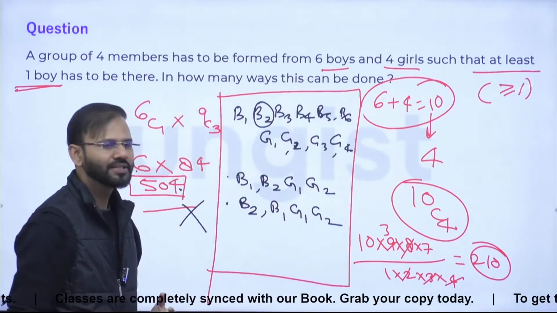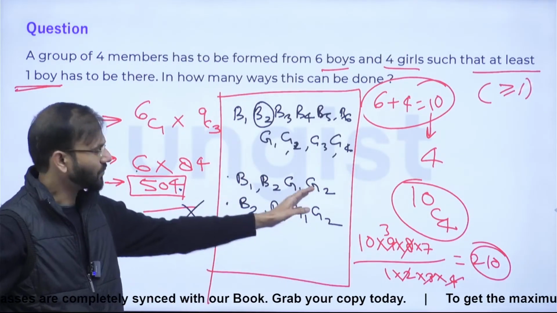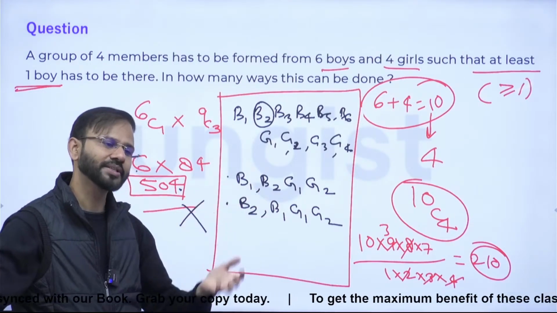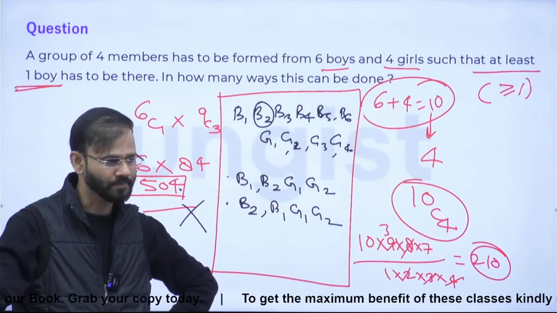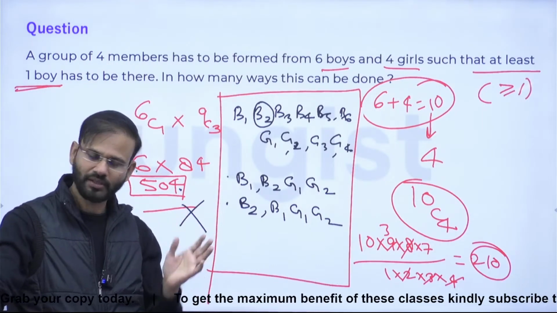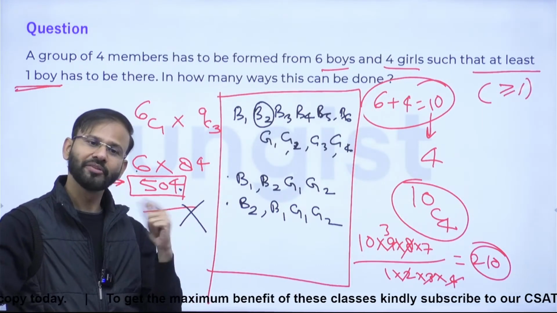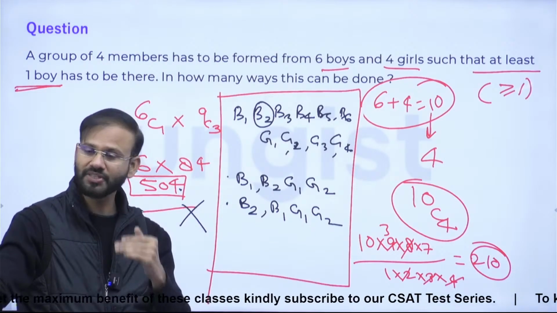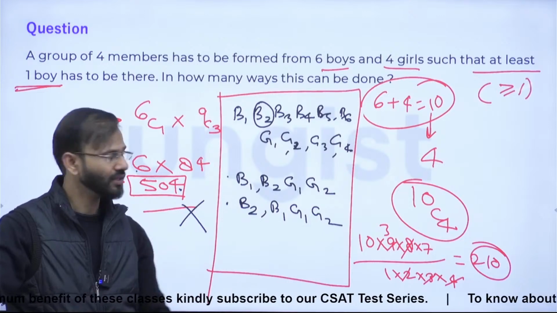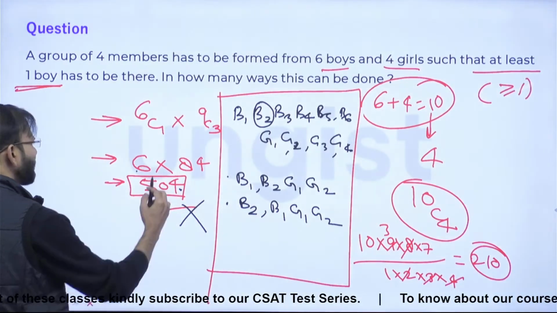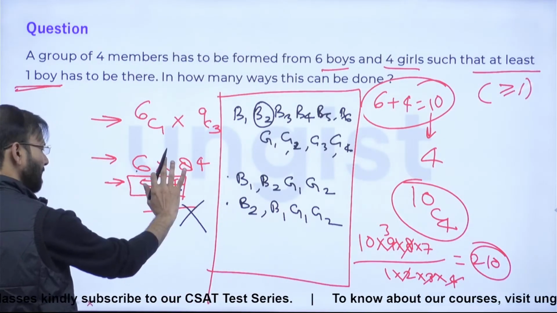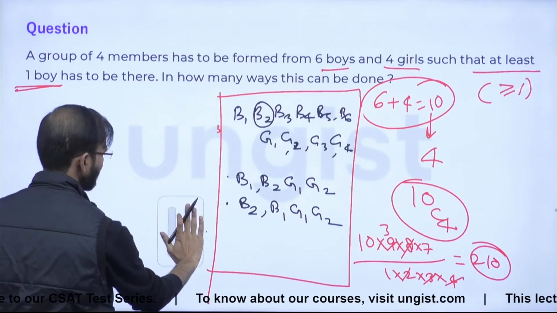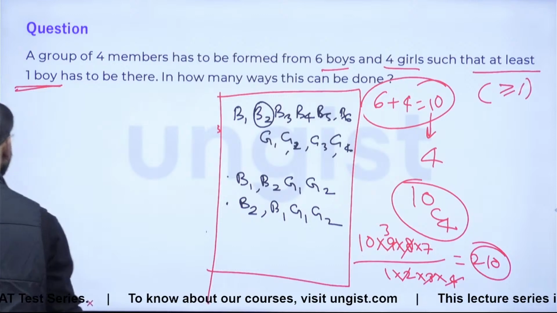Right? Now guys, if this approach is not correct, then how to solve the question completely? Just think on it. In the previous method, what we did initially was think about all the cases which are possible. If I rule out this, then I'll think about all the cases which are possible.